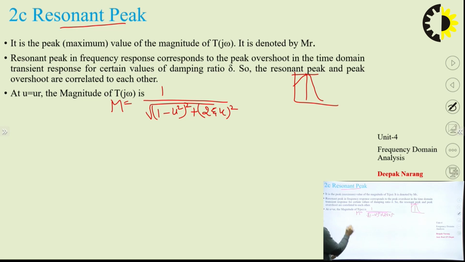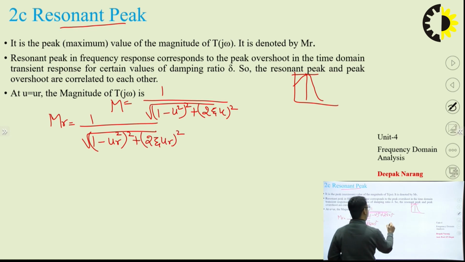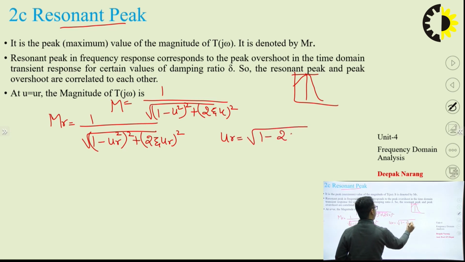So at resonant frequency, this will be represented as M r equal to 1 upon square root of 1 minus u r square whole square plus 2 zeta u r whole square, and we have obtained u r square equal to 1 minus 2 zeta square.